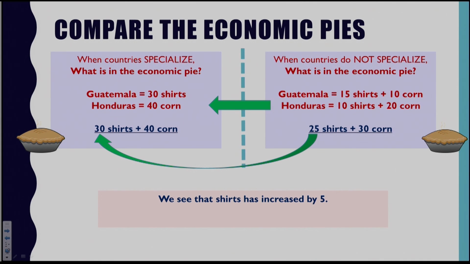So, first let's look at shirts. Before specialization, we produced 25 shirts in the economic pie when we look at the combined productivity. But under specialization, when we divided the tasks based on comparative advantage, now we're producing 30 shirts. So we see that shirts have increased by 5.